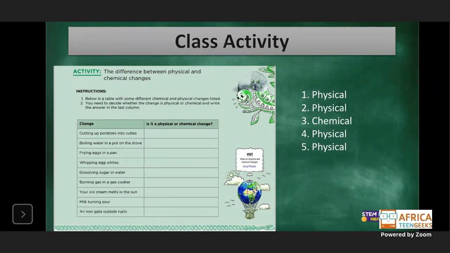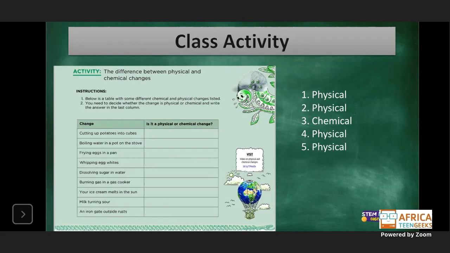think that the molecules of sugar are changing, or basically attaching themselves to the molecules of water, and that is not the case, guys. So what happens when we dissolve sugar in water is that sugar grains are dispersed, right, within the water, but the individual sugar molecules are unchanged.